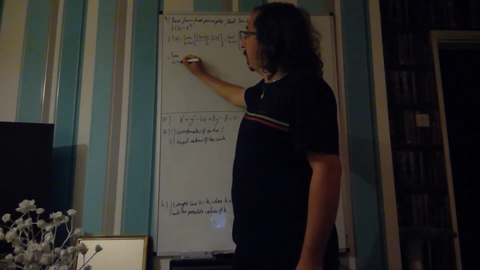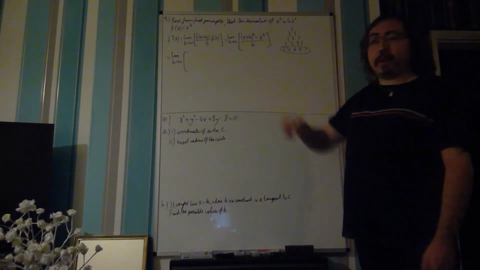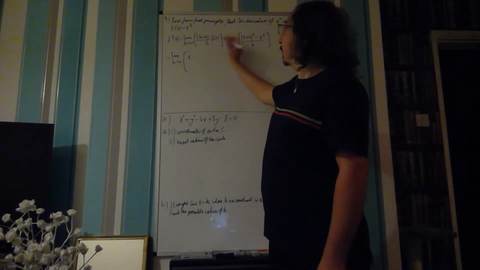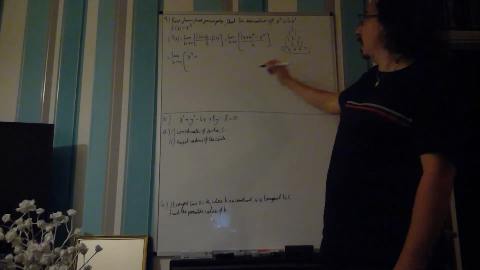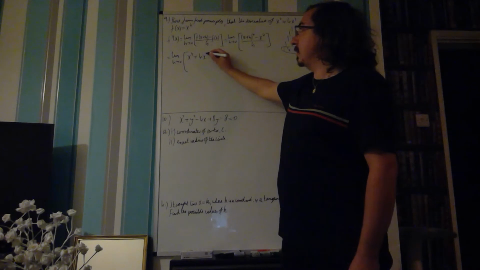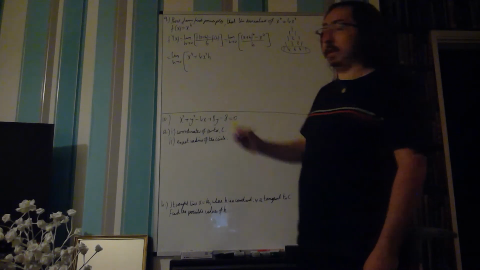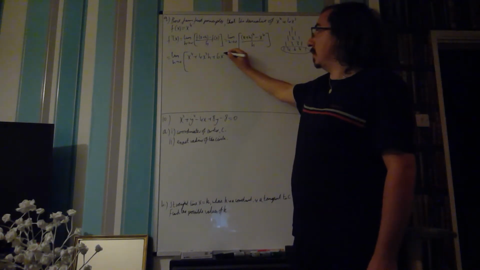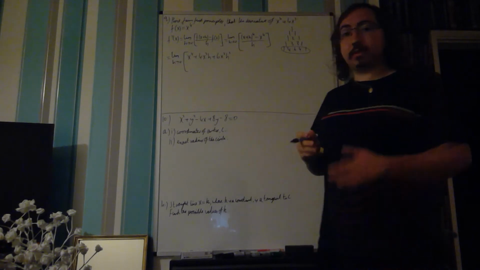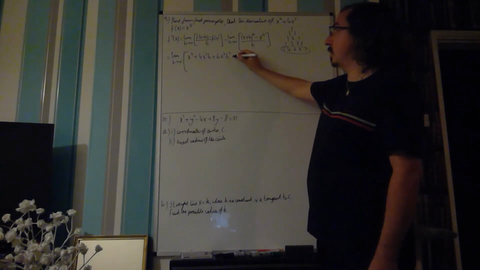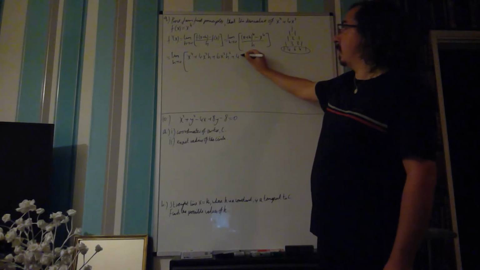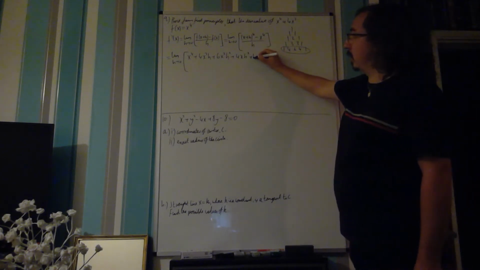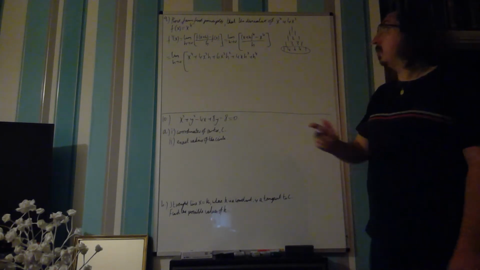So from that then, we can expand this x plus h to the 4. We have a coefficient of 1 with x to the power of 4, plus a coefficient of 4, x to the power of 3, h to the power of 1, plus the next coefficient 6, x to the power of 2, h squared, remember the powers are adding up to 4 each time, plus the next coefficient 4, x h cubed, plus the coefficient of 1, h to the 4.